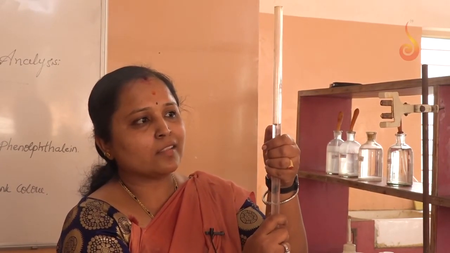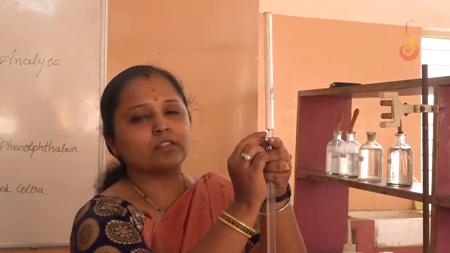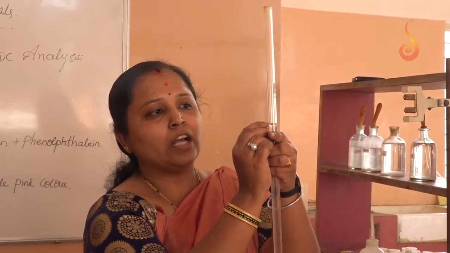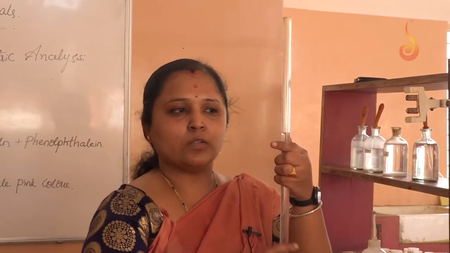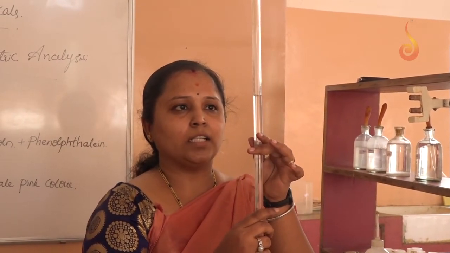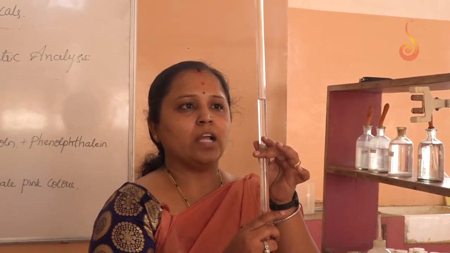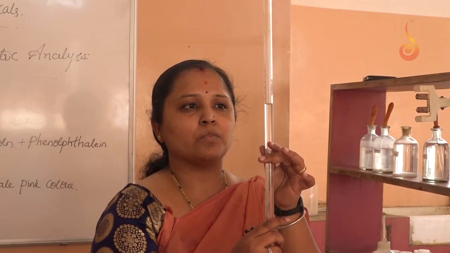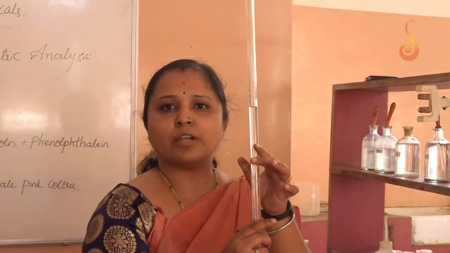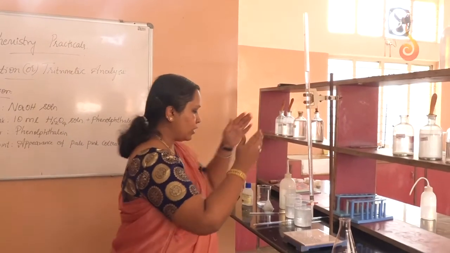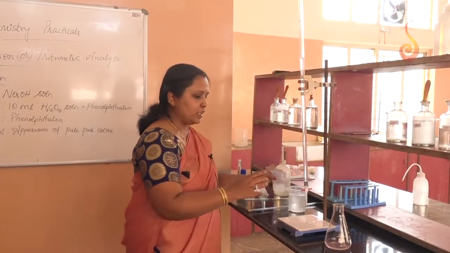This is 11, this is the 11.5 subdivision and this is 12. So it is in between 11 and 11.5. Now stand still, raise the meniscus to your eye level and see the reading. When I do that, the volume of the solution comes out to be 11.4 ml.